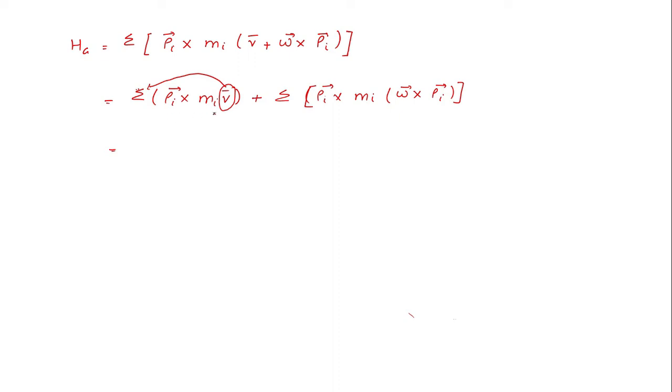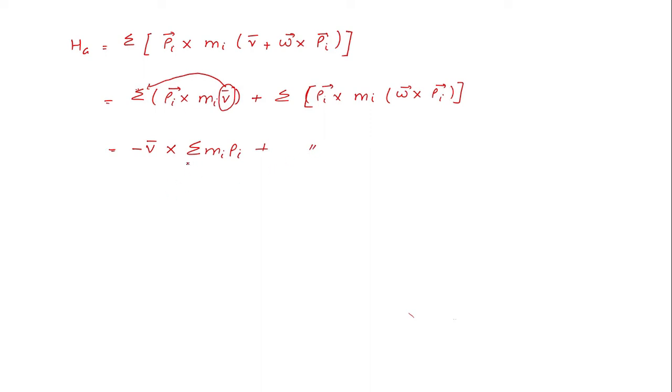So I can change the first term into minus v bar vector cross sigma mi rho i. I reverse the cross product, so I get a negative sign, and the sigma does not affect v bar, so I transfer mi to the other part. The remaining part remains as it is.